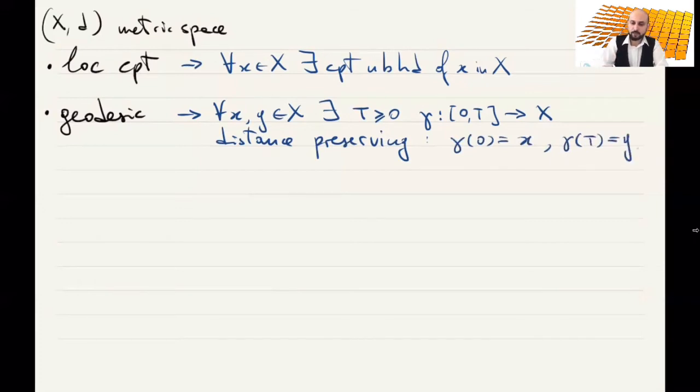So every 2 points in this interval go to 2 points with exactly the same distance in X. This is a geodesic space.